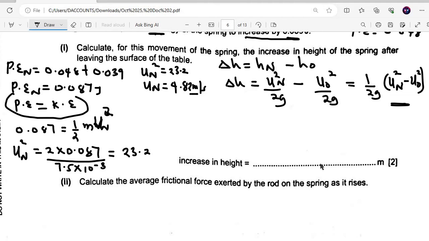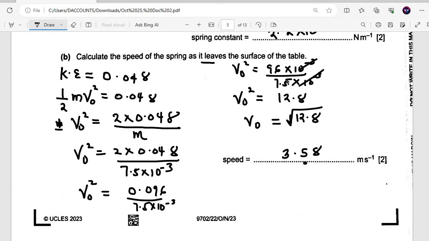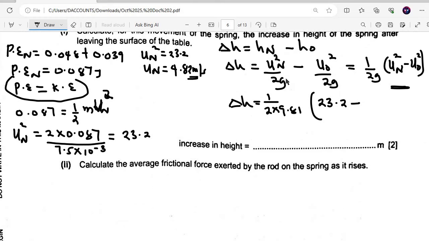Now let's find the change in height. So the change in height will be 1 over 2 times 9.81 times the new u squared, that's 23.2, minus the old one, the initial one. Oh, that's 12.8. At the end of the day, when you do your calculation, 23.2 minus 12.8 is 10.4.